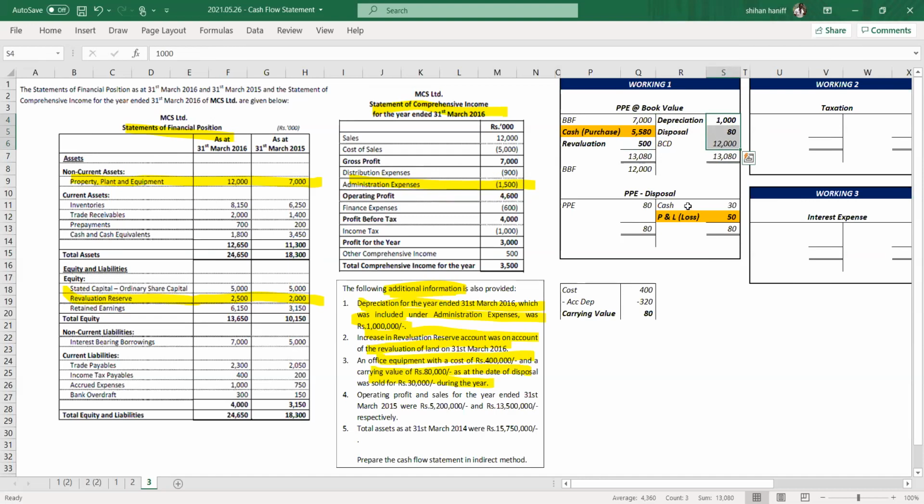You have to credit the net value because the PPE account is maintained at the book value or carrying amount. So when you are transferring, you can't transfer the cost. You can transfer the book value, only the book value.